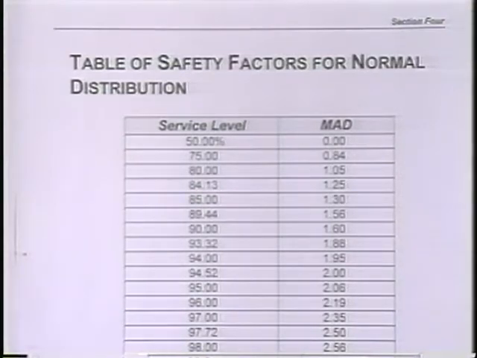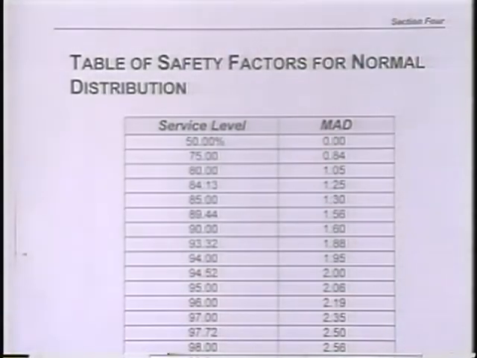The column on the right-hand side is headed MAD, but that is not mean absolute deviation. Up on the top we have a heading that says Table of Safety Factors for Normal Distribution under the mean absolute deviation application. And if you remember, on one of the exhibits that we actually went through a calculation, we said we had a service level of 95%.